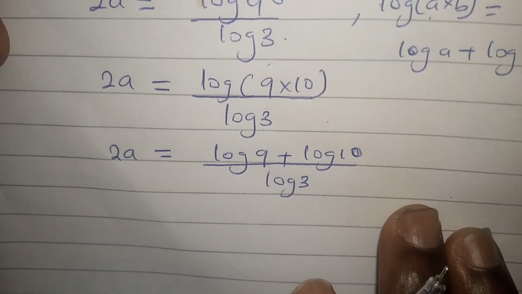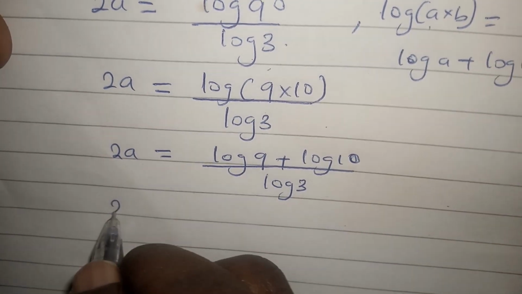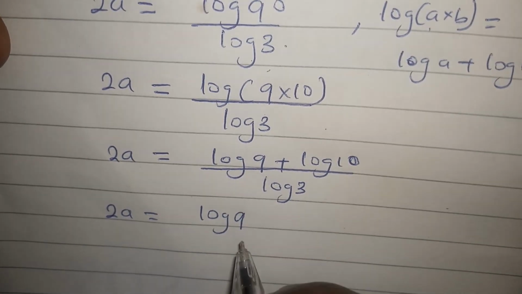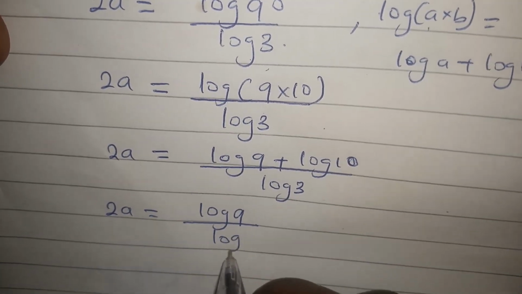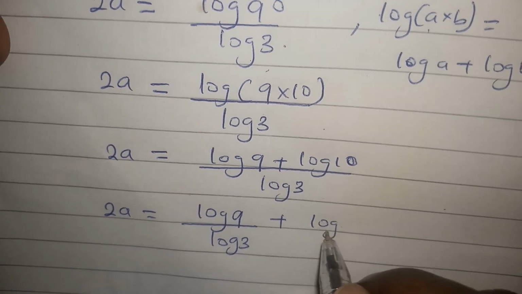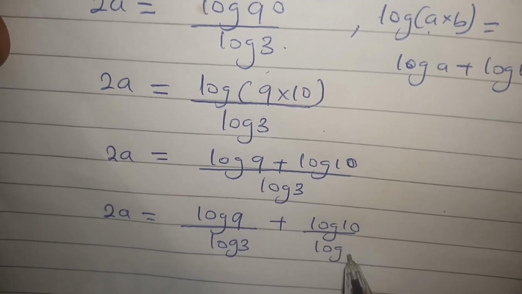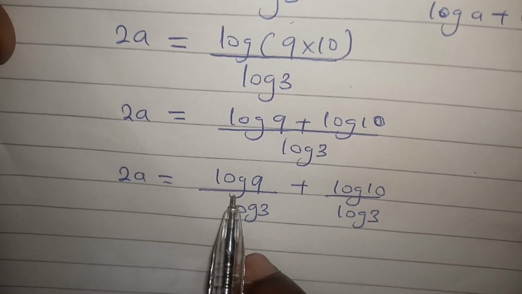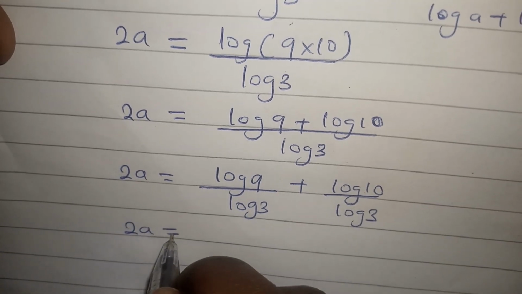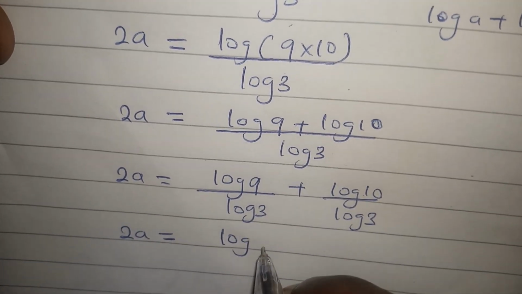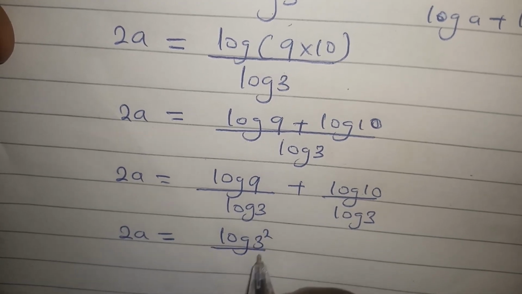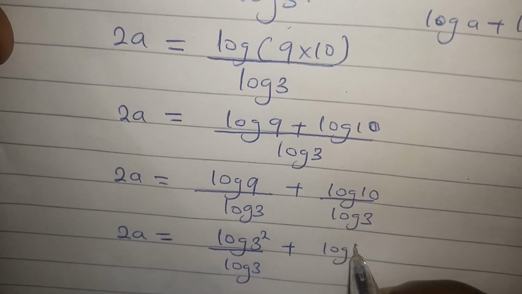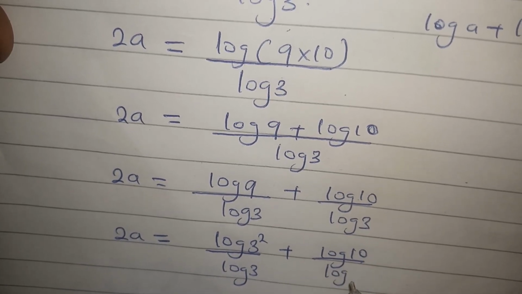We can simplify this further by saying 2a is equal to log 9 over log 3 plus log 10 over log 3. So we can say 2a is equal to log of 3 to the power of 2 over log 3 plus log 10 over log 3.